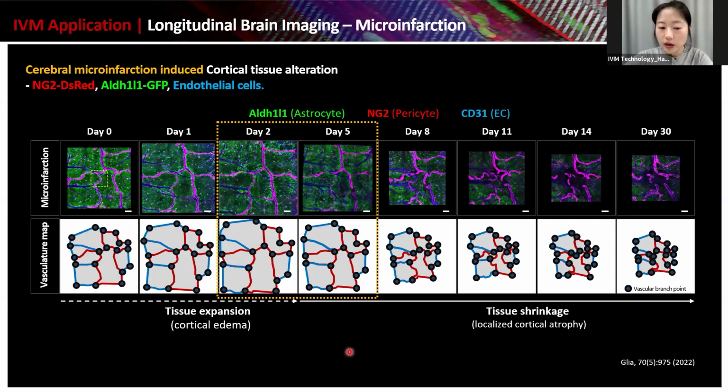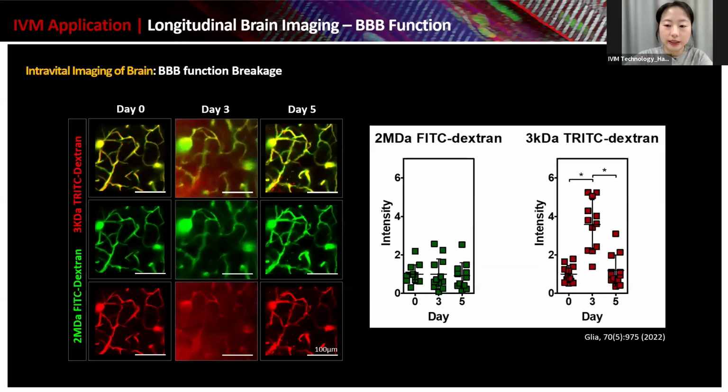To explore this, we conducted the following experiments, which was the evaluation of vascular permeability by injecting fluorescent dyes of different molecular sizes. The smaller 3 kilodalton TRITC dextran dye crossed the blood-brain barrier much more rapidly than a larger 2 megadalton FITC dextran dye.